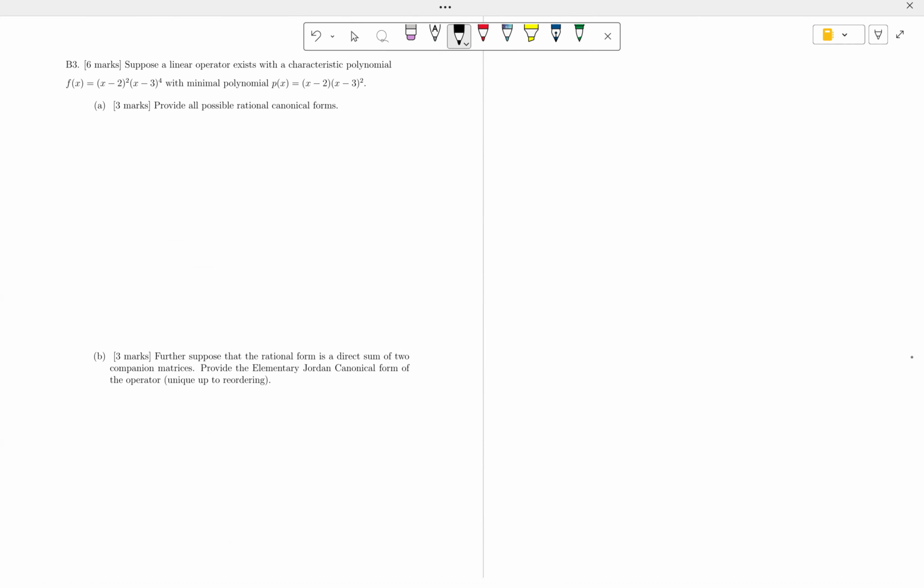So here we're going to start by doing the first breakup into our two groups. From here, I've got P1 of x equals (x minus 2)(x minus 3) squared, and this is W1.